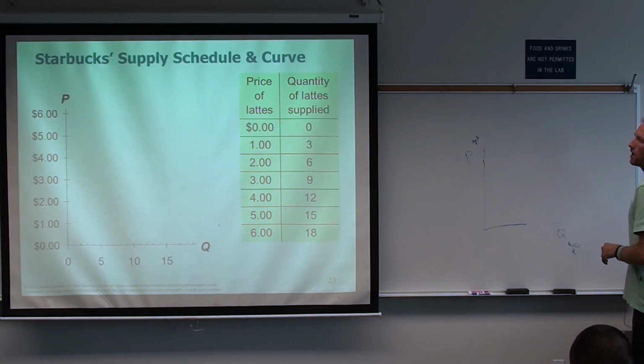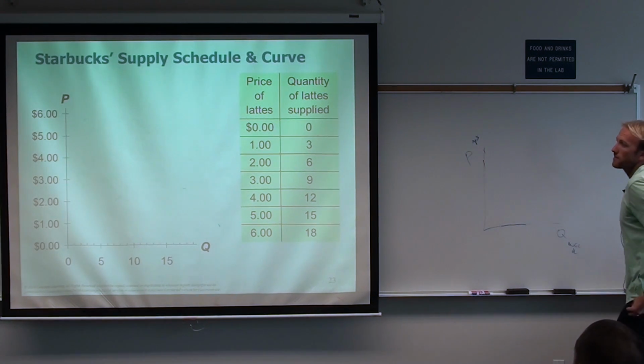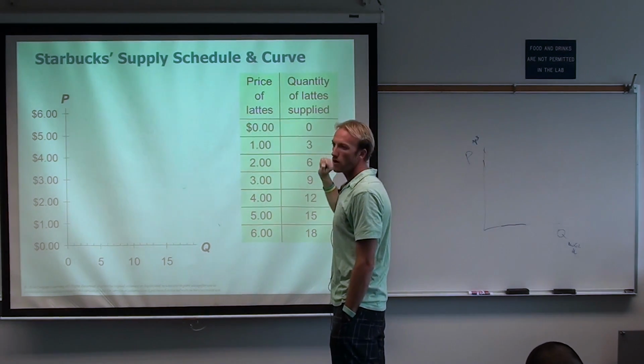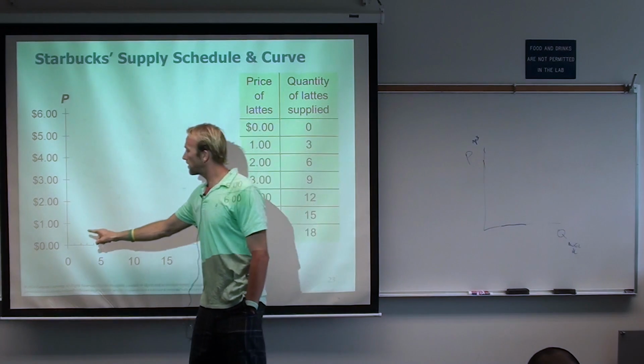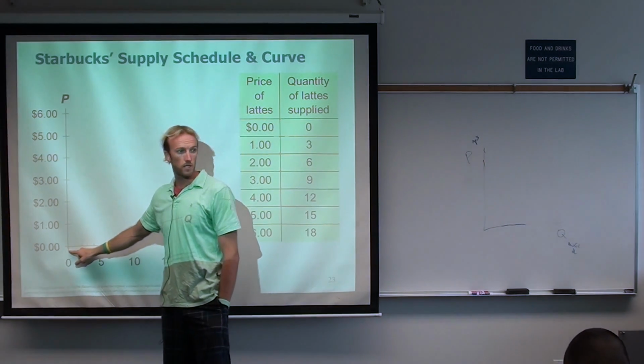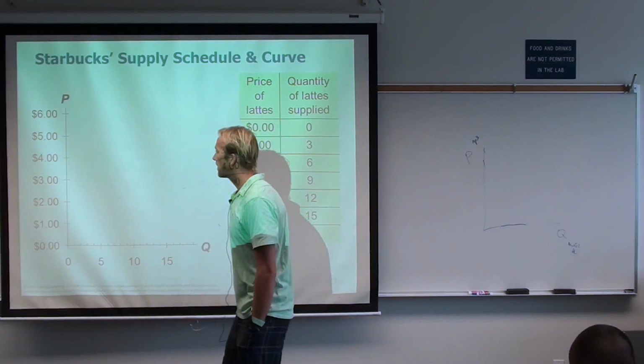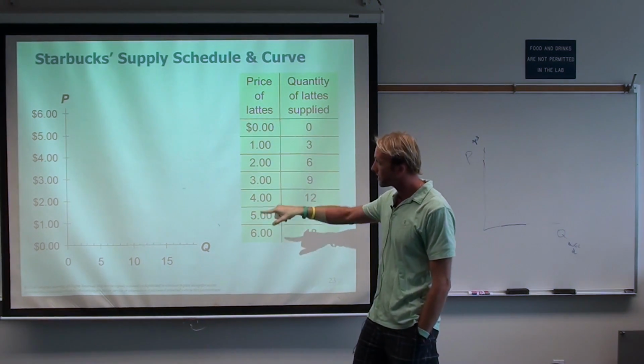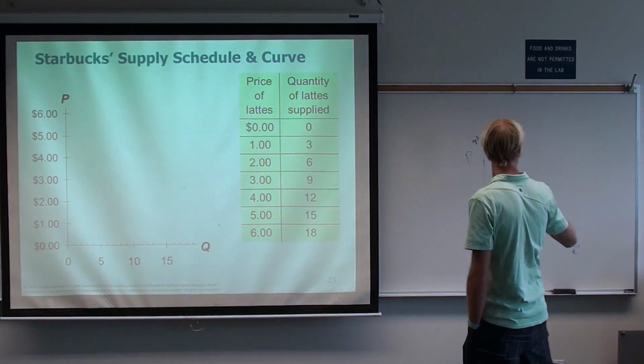Okay? So let's go ahead and graph this the same way. We have a 0 price and a 0 quantity supplied, so we're going to put a dot at 0, 0. This is known as the origin of the graph, right? Because every point gives us 2 pieces of information, the x-axis and the y-axis information.